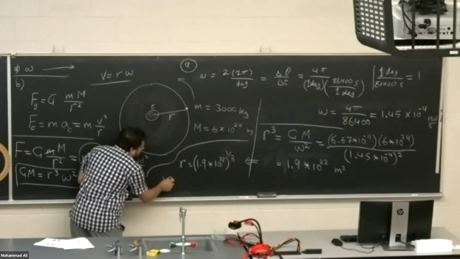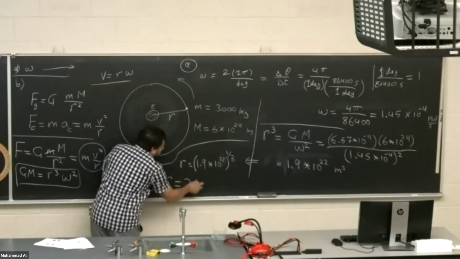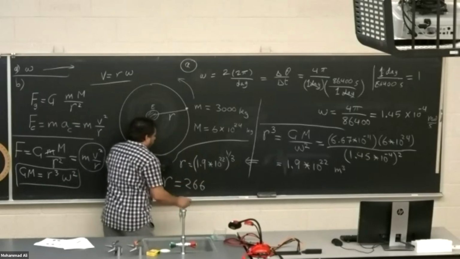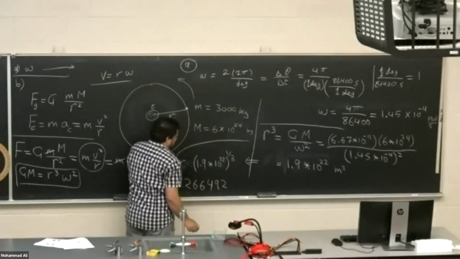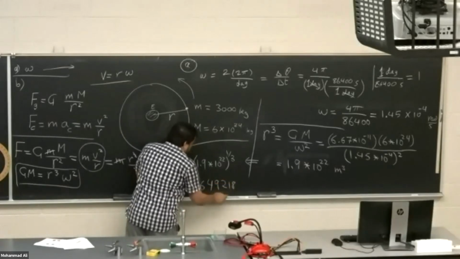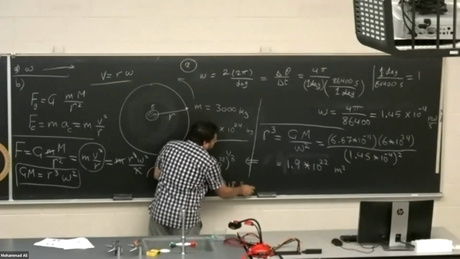Then R is equal to 266,492,18.8 approximately meter.